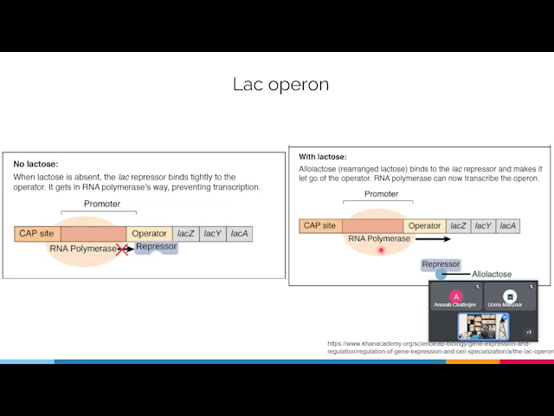So if there is glucose and lactose both present, it will prefer to have its glucose metabolism genes upregulated and lactose ones downregulated, so that it can preferably feed on glucose. And that is why in presence of glucose, the genes in the lac operon are downregulated.